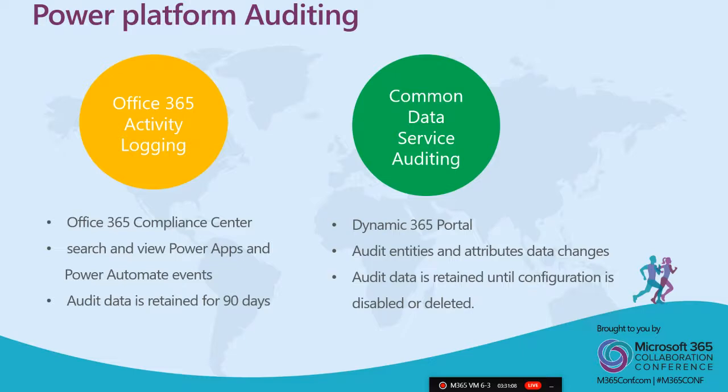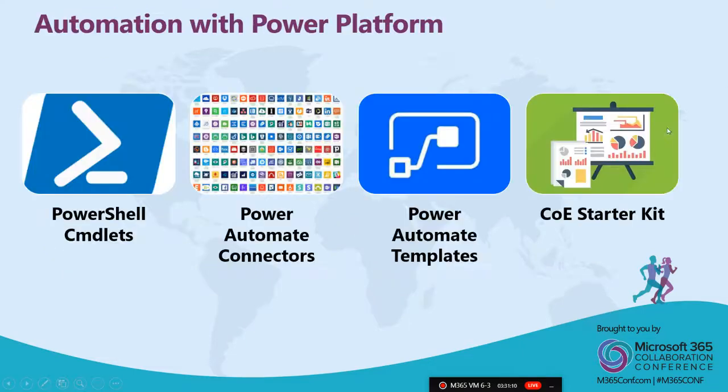Now the next thing is the automation of the Power Platform. There is PowerShell. There are a lot of PowerShell commands using which you can perform bulk tasks with environments, flows, and connectors.